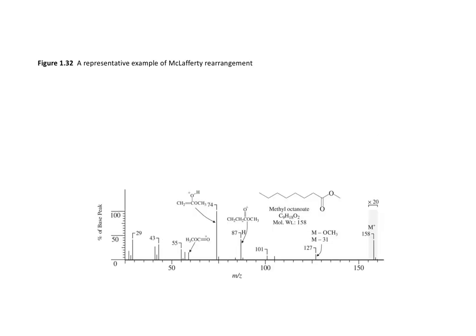Carbonyl compounds will also fragment by what is known as the McLafferty rearrangement. This is notable for converting an even mass over charge molecular ion into an even fragment structure by the following mechanism.